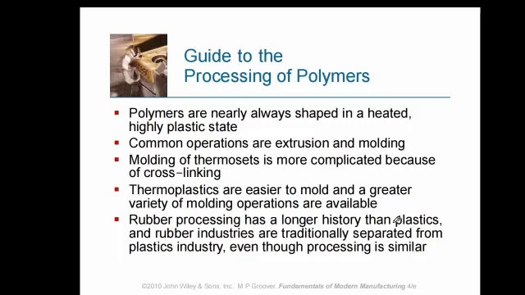Molding of thermoset polymers is a bit more complicated because of the cross-linking, which makes the material harder or more mechanically strong and more viscous in liquid state. The thermoplastics are relatively easier to mold due to their lower cross-linking.